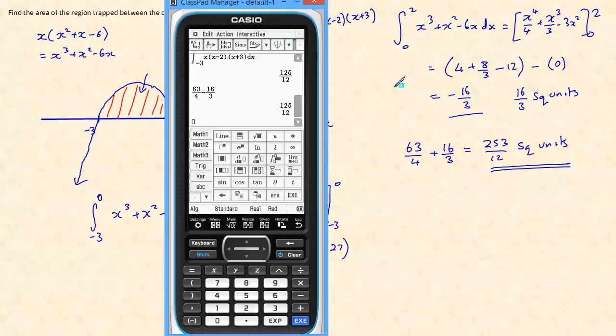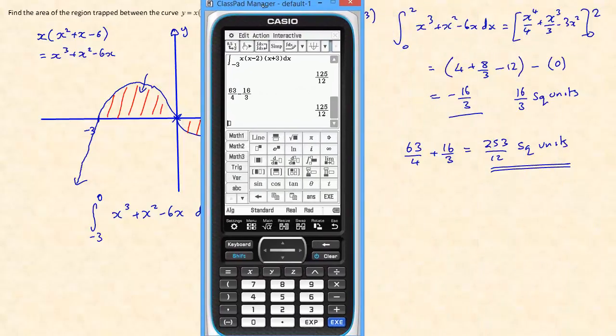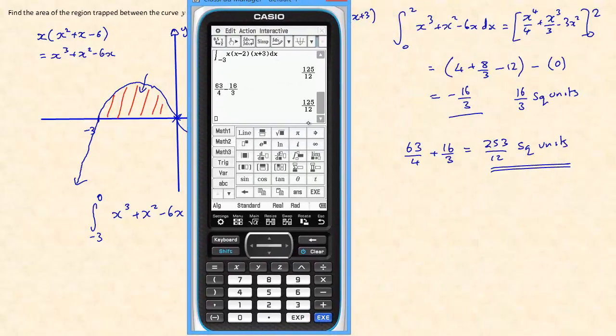Now we've seen manually that if we do the two parts separately we can come to the answer, but there is a way of doing this on the calculator. What we do is make use of the absolute value function. So if I come back to this and we'll put that in modulus, and then if we execute again there, we get 253 over 12.